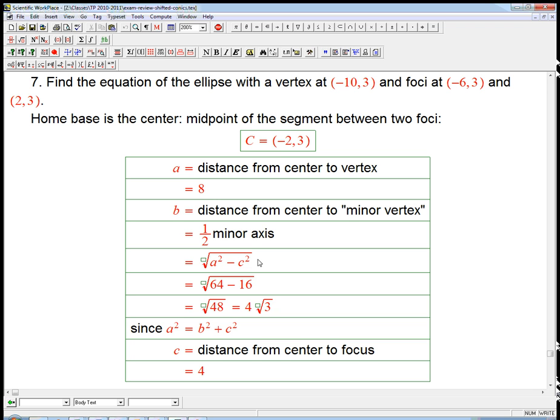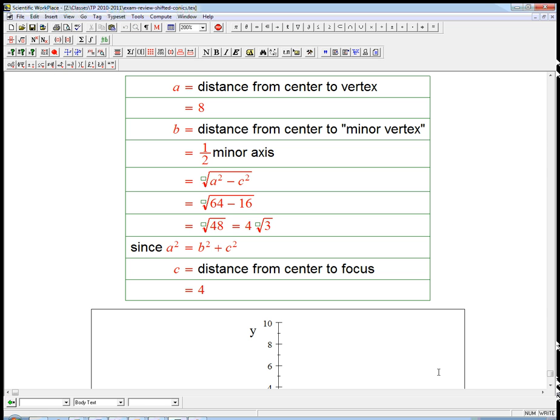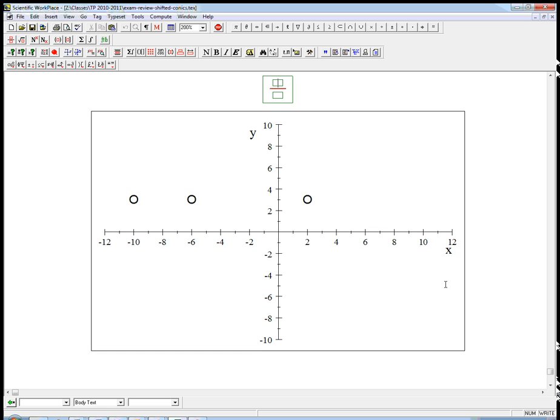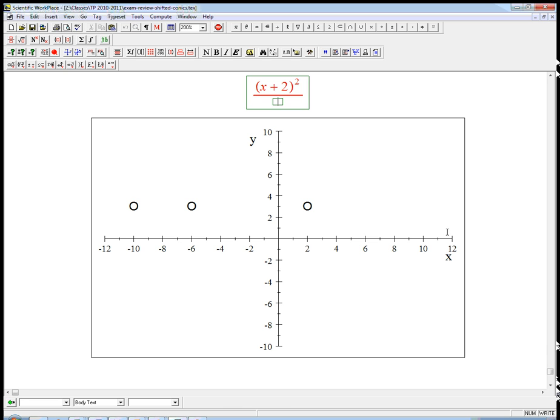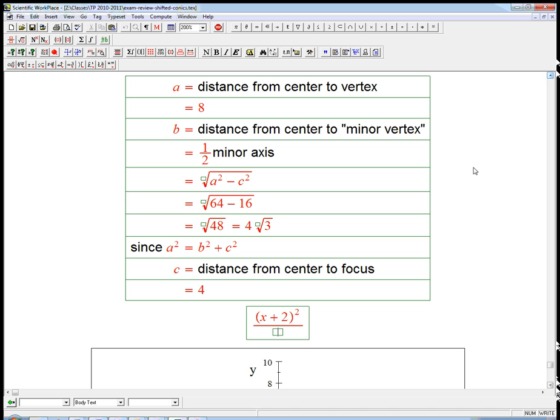Okay. And what do we want? We want the equation. Okay. So the equation, just going to put that all together, and we're going to get, okay, let's see, x, what was the shift? It was a minus 2, so we're going to get x plus 2 squared over, now let's see. Be careful about the role of a.